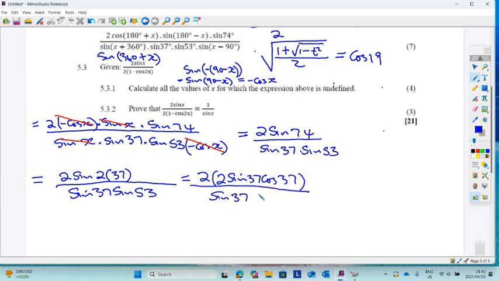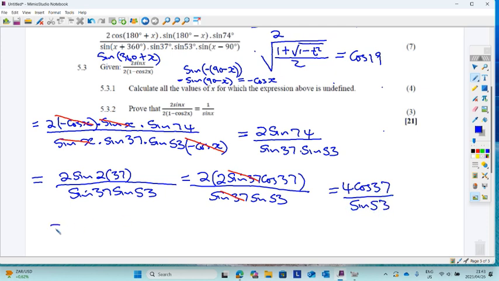sine 37 sine 53. Now we also have something to cancel there, sine 37 and sine 37, so we are left with 2 times this 2, that is 4 cos 37 over sine 53. What's the relationship between these two?